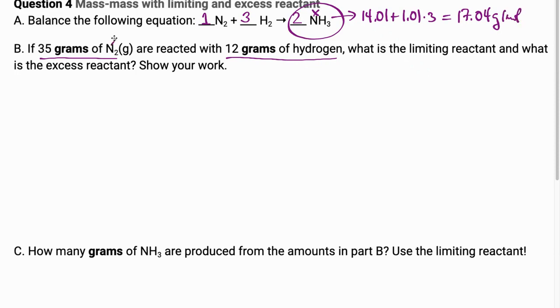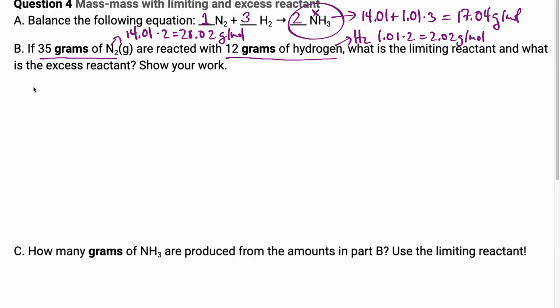For my N2, I'm going to take 14.01 times 2, which is 28.02 grams per mole. My hydrogen is H2, so that will be 1.01 times 2, which is 2.02 grams per mole. So I've got the information I need to set up my mass to mass problems.